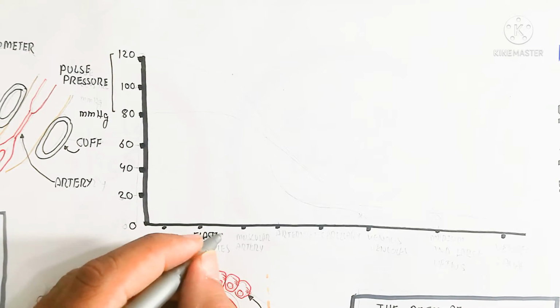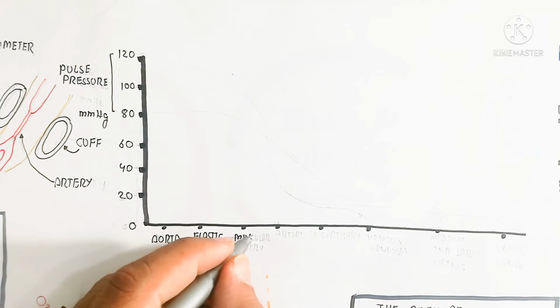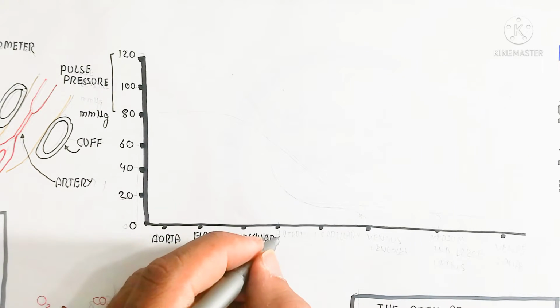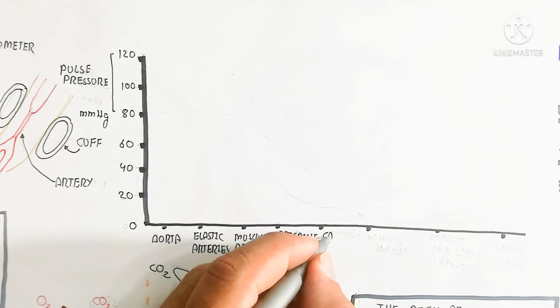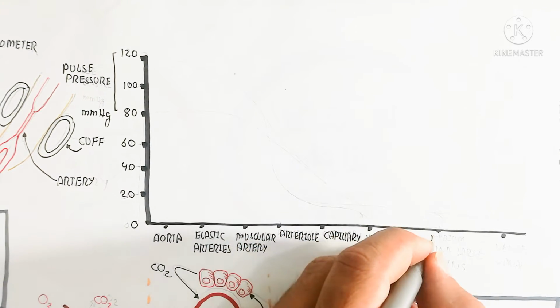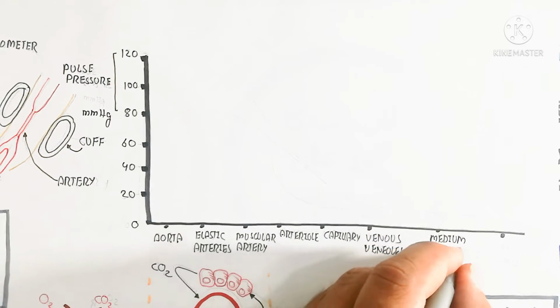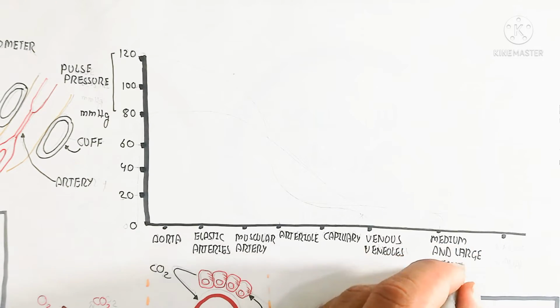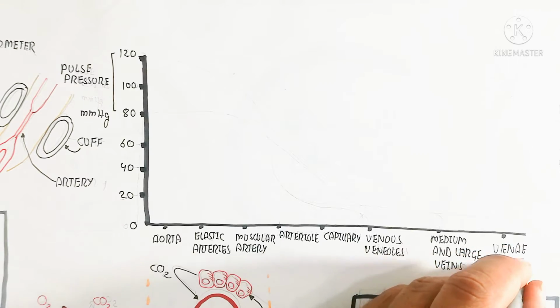So let's draw the graph which shows the aorta, elastic arteries, muscular arteries, arterioles, capillaries, venules, medium and large veins, and ultimately the vena cava. In this way you can see the vertical axis shows the pulse pressure.